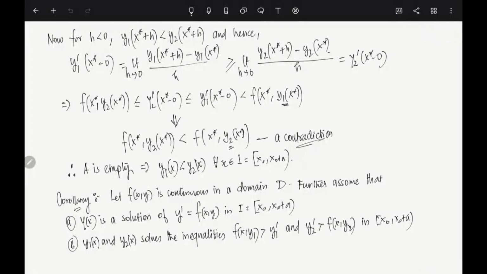The third condition, we need another condition. Why do we need it? Because in the earlier cases, if you remember, we know this data: initially, if it is below, it stays below. So we need that sort of initial condition. We need to know what y1 and y2 do initially. So y1 at the point x naught must be dominated by y at the point x naught, which is dominated by y2 at the point x naught.